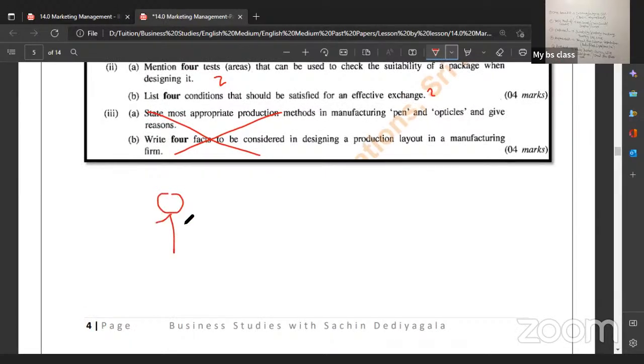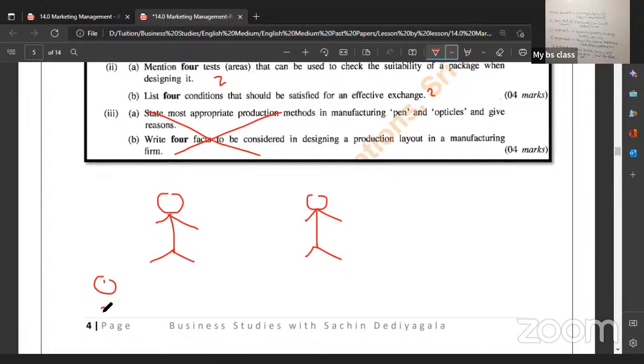I think we discussed this in the trade lesson. So one condition, right? Minimum 2 parties should be there. That's the number 1 criteria.